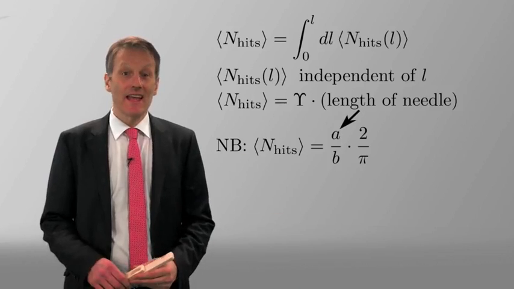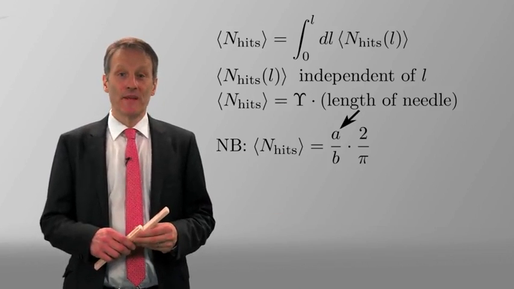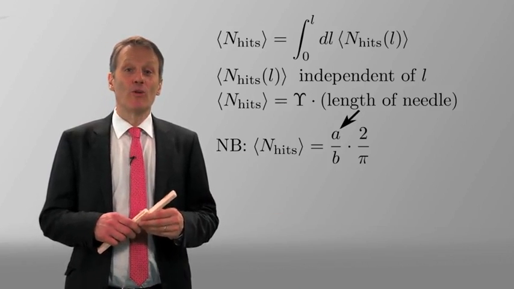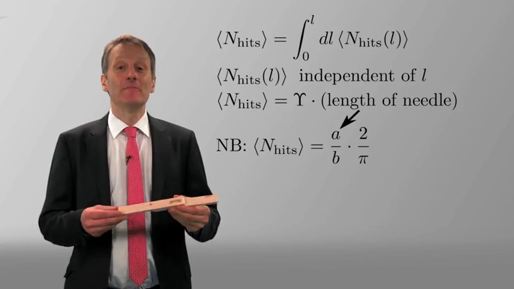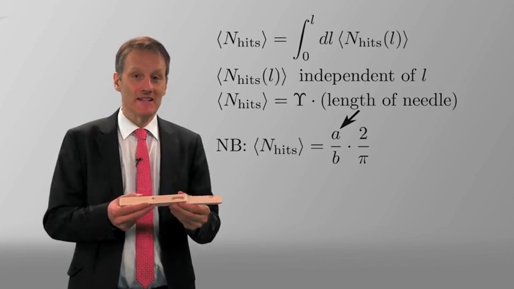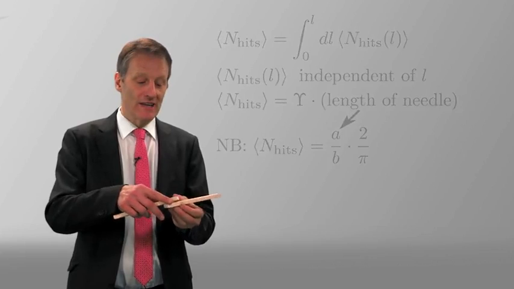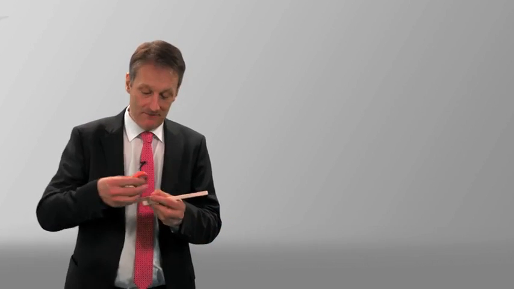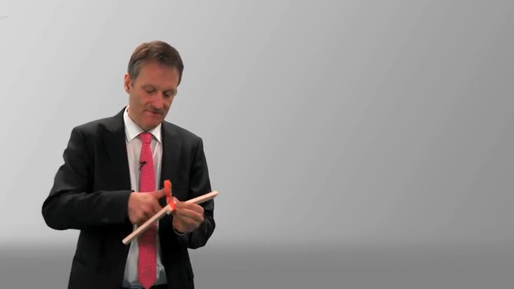So now, can we compute upsilon without doing a complicated calculation and computing the integral of arccosine x? And indeed we can, because the world of gadgets is not limited to straight gadgets. We can glue together the two needles like this at an angle. So let me do this.